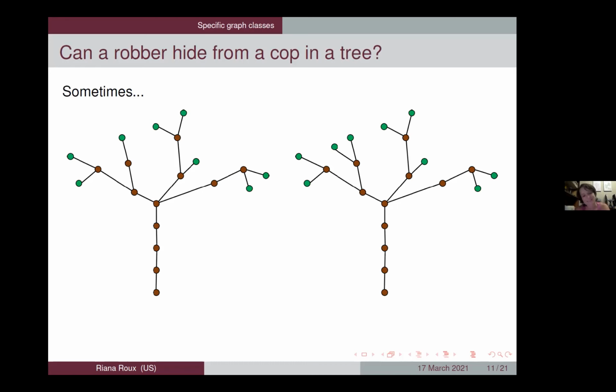Here are 2 trees. A robber can hide from a single cop in one of these trees. These trees are very similar. I don't know if you can see the difference, but there's only one difference there. This tree on the right-hand side has an extra leaf. That's all. So if you think about this intuitively, can a robber hide from a single cop in a tree?